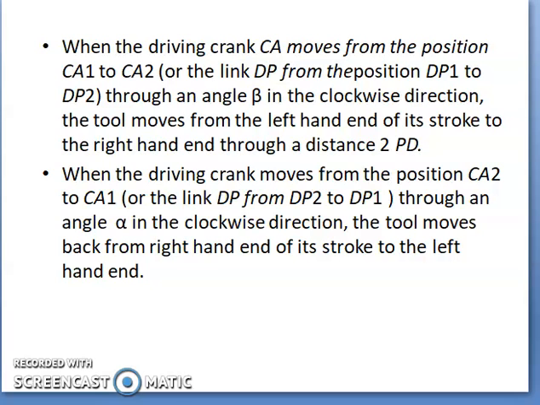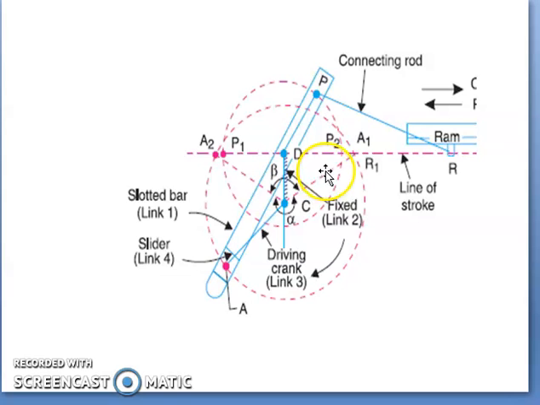So here you can see the driving crank CA.